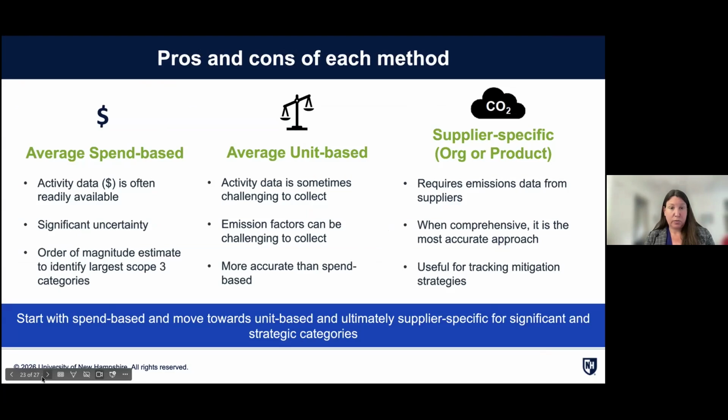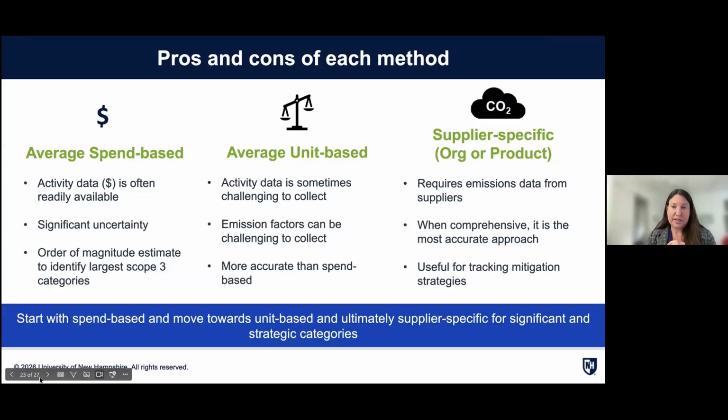Hopefully kind of obvious from the explanations of these, but pros and cons of each of them. For the average spend base, it's relatively easy to get the activity data you need, and we have good emissions factors databases now. But it's very average. Again, as Ciara said, it's very order of magnitude.